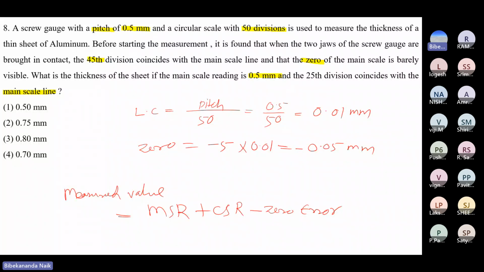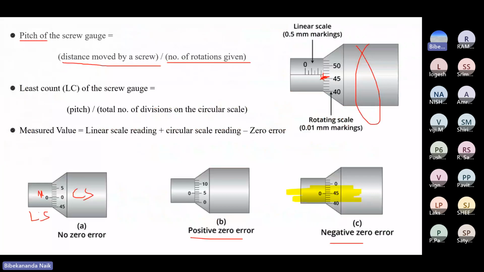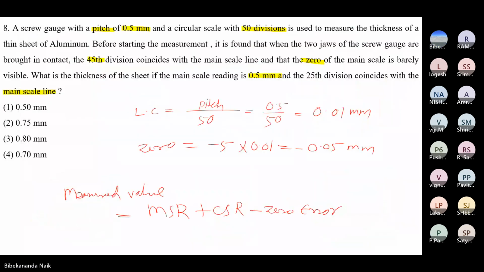Since the 45th division is lying below the 0 of the circular scale, as you can see in this case, it is negative 0 error. So the device has negative 0 error.